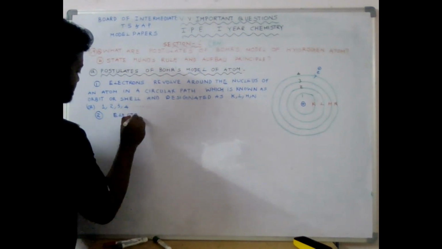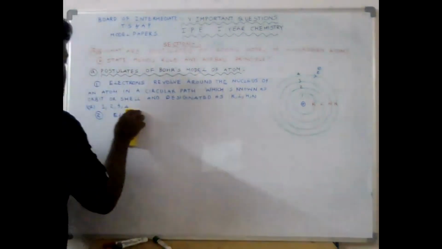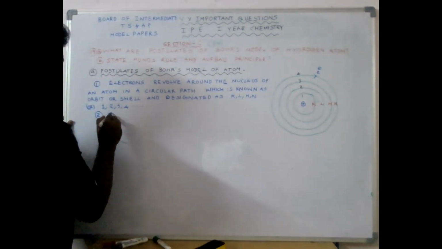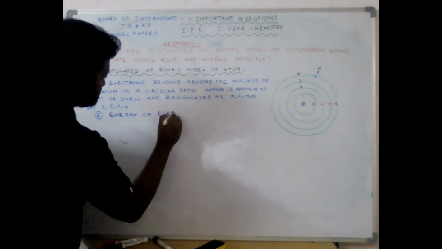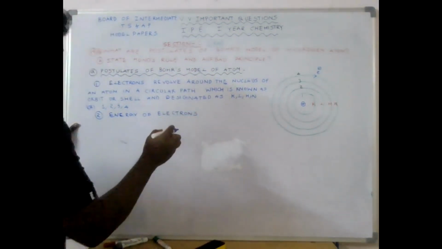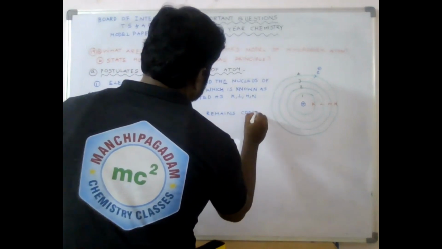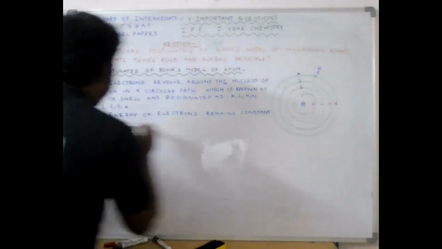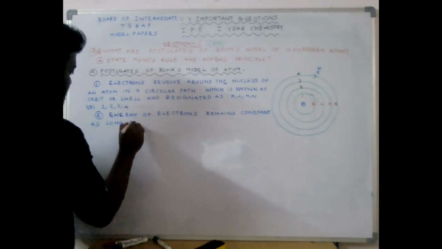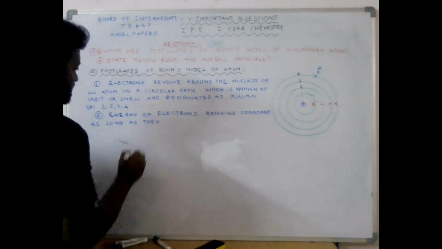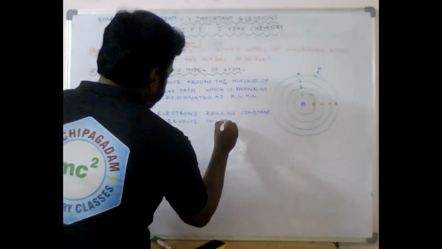Energy of electrons remains constant as long as they revolve in orbits.